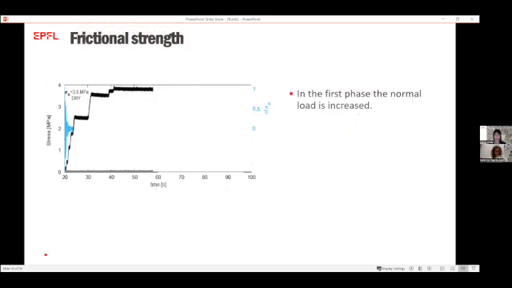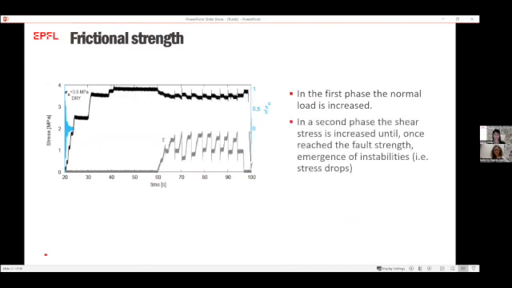For all these different conditions that we tested, we wanted to study different properties of the ruptures. One of these is the frictional strength. During our experiment, there was a first stage in which the normal load was increased and kept constant during the experiment. Then in a second phase, the shear stress was increased until, of course, reaching the fault strength, and we could observe the emergence of instabilities.